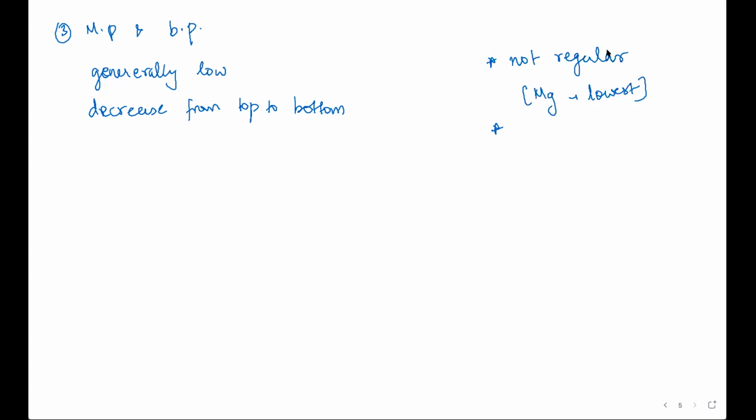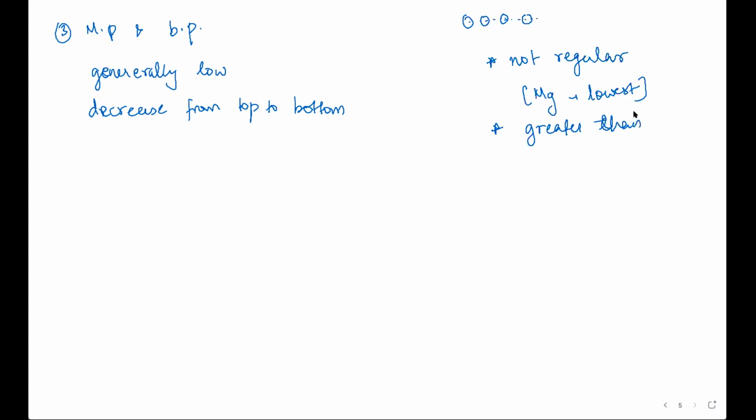Again, I told you, it depends on many different factors: how they are packed, the intermolecular forces. In some cases, one factor outweighs the other, which skews the trend. But it is definitely greater than group 1.